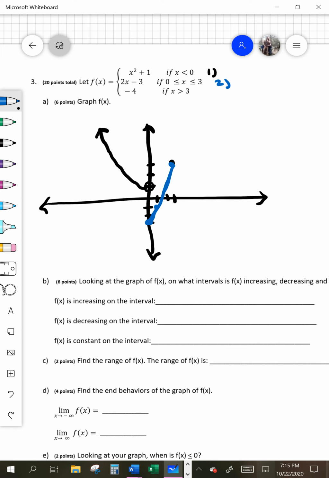And now the equation for f of x when x is greater than 3 is negative 4. A constant, y equal to a constant, is a horizontal line. And so when x is 3, negative 4 is an open circle. Whoops, negative 4 is down one more.